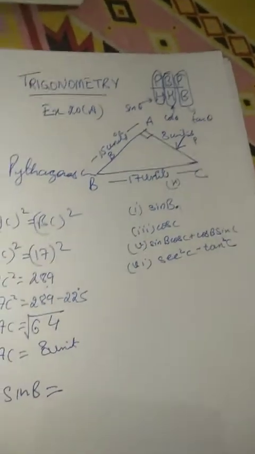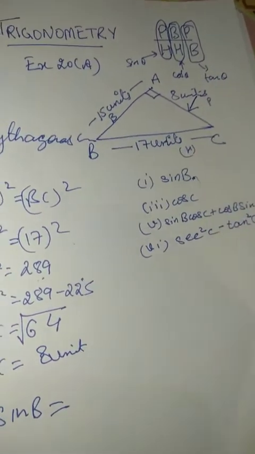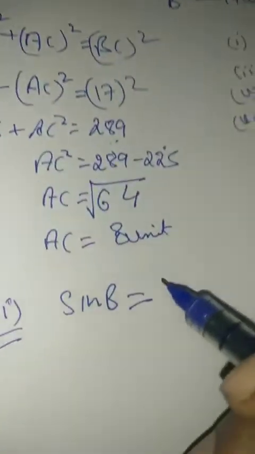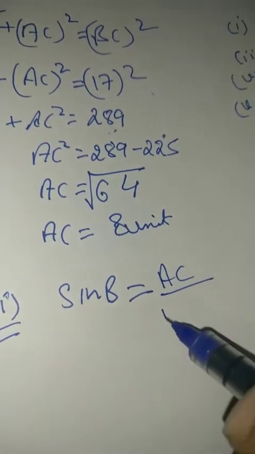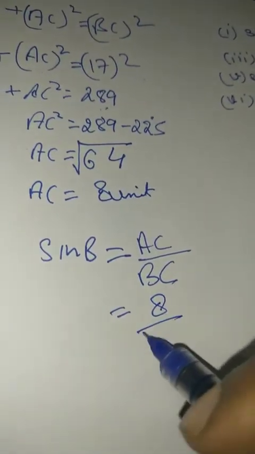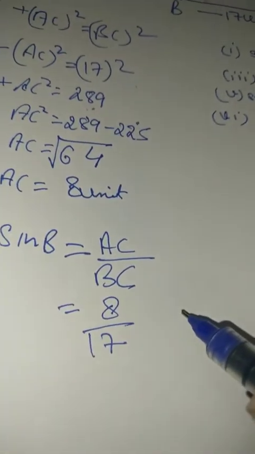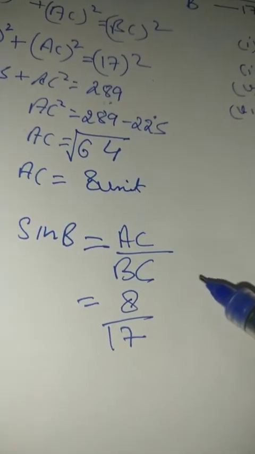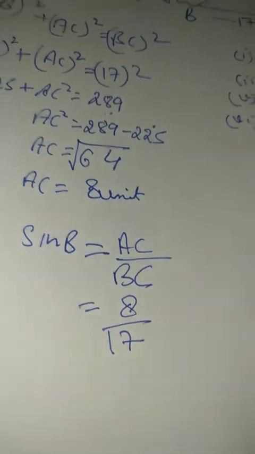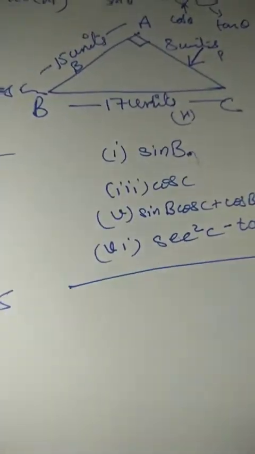Which one will be the perpendicular? This one. So it will be AC upon BC. What is AC? 8 units upon 17 units. And do we write units? No, a ratio will never have any units. Alright, so this will be the very first answer. Alright, let's take the second one.